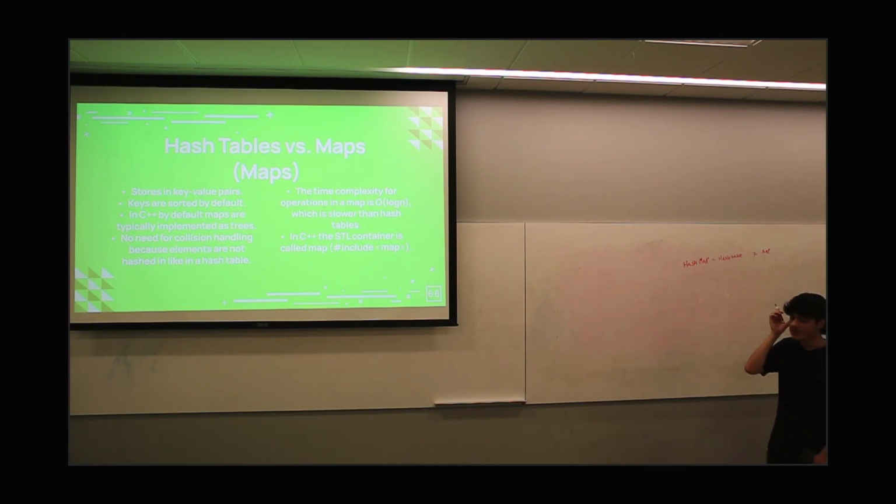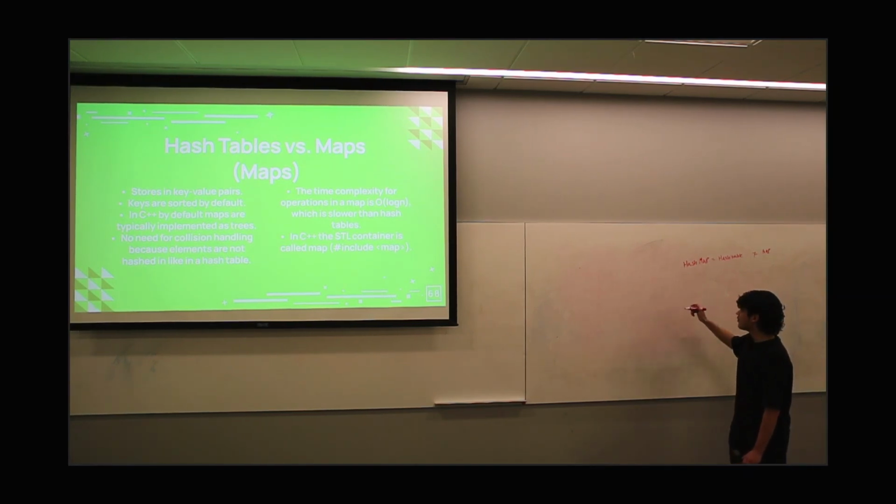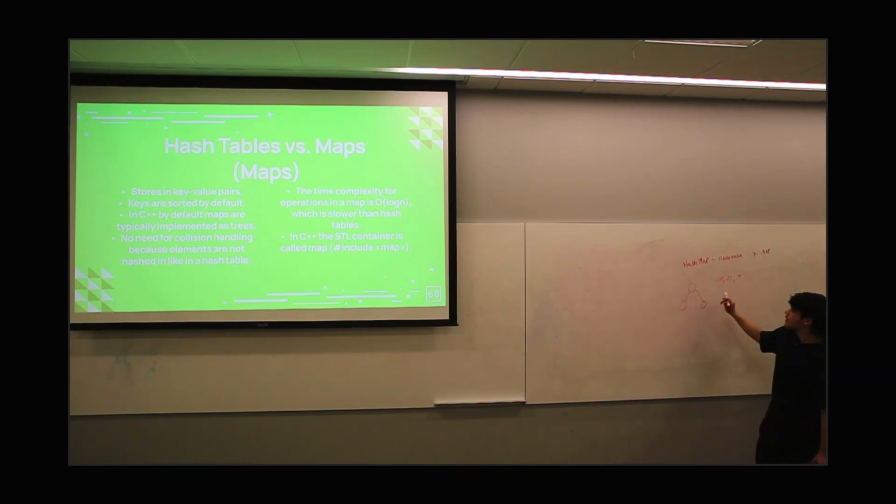And kind of on that topic, it would be a binary search tree where your parent values are greater than your children. So if we had 10, 21, and 30, right? Our parent is going to be 21.